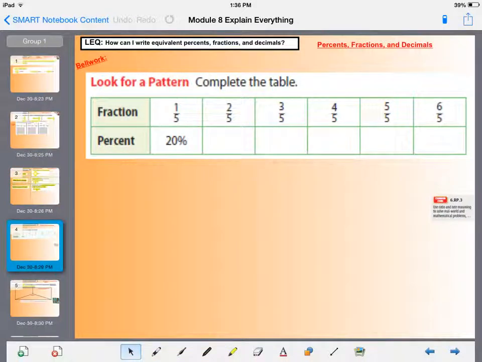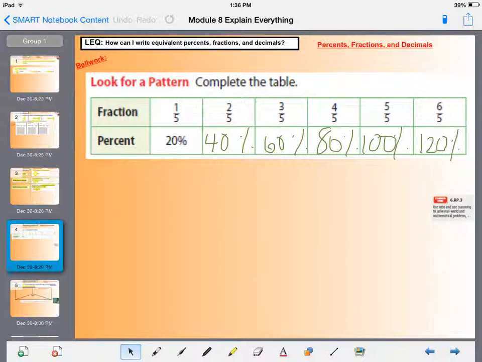In class, we discussed patterns on completing this table, and we talked about common percents. And we should know when the denominator is 5, we are counting by 20s. So 1/5 is 20%, 2/5 is 40%, 3/5 is 60%, 4/5 is 80%, 5/5 would be a complete 100%, and 6/5 is an improper fraction, showing that you are over 100% and you're at 120%.